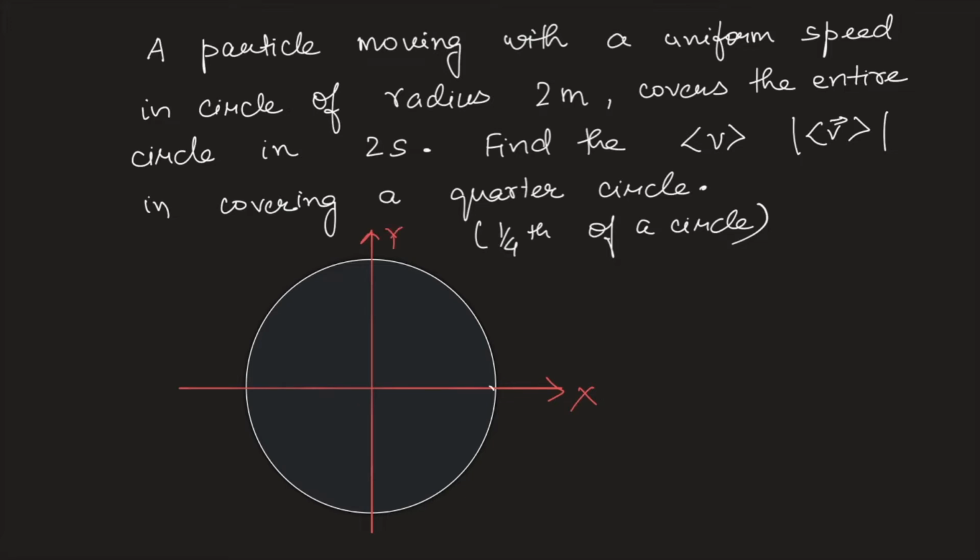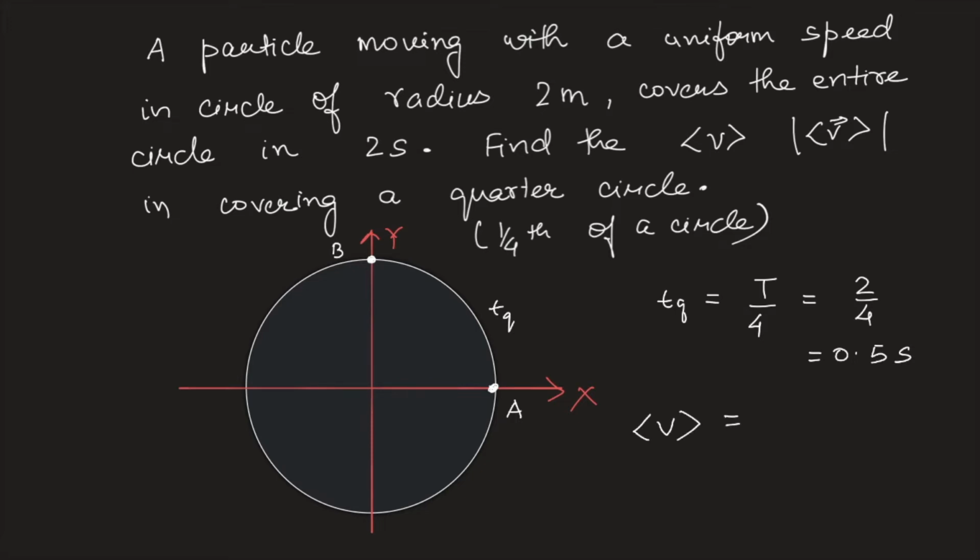A particle starts from A and covers the entire circle in 2 seconds with a uniform speed. So it should cover 1/4 of a circle in time TQ, where Q represents the quarter part of the circle. TQ equals the entire time divided by 4, which is 2 by 4, that is 0.5 seconds. So the time taken to move from A to B would be 0.5 seconds. Now we want to find out the speed.